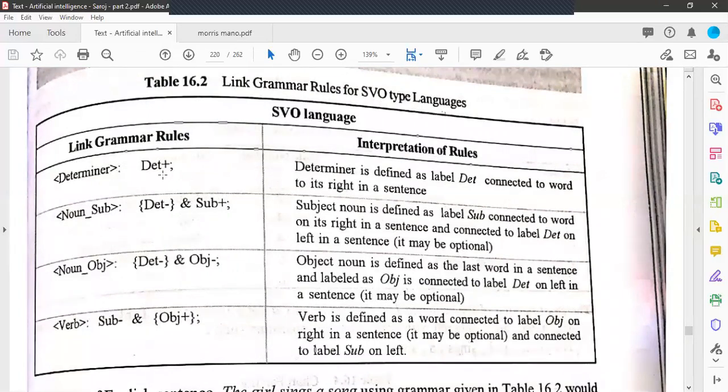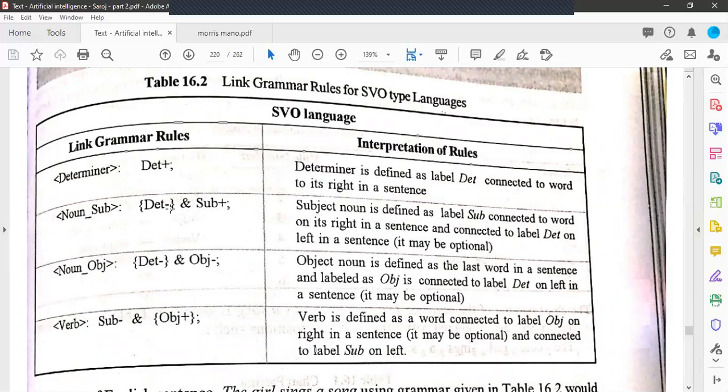So primarily this det plus means that something follows at right. Towards the right, when you go on traversing, you find something else. So determiner is defined as the label det, and it is connected to some word to its right.